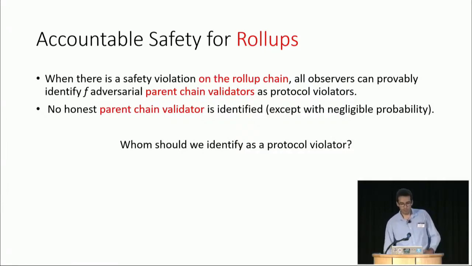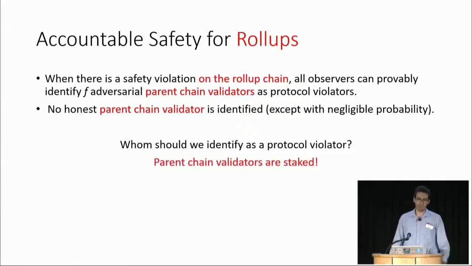But the people who are very much staked in the system are the parent chain validators. They bond money in the parent chain contracts to be able to execute the protocol as validators. So if I can somehow reduce the security to punishment of these validators, then I will be able to claim some economic safety guarantees. That is why I would like to identify the parent chain validators as malicious if something goes wrong on the rollup.